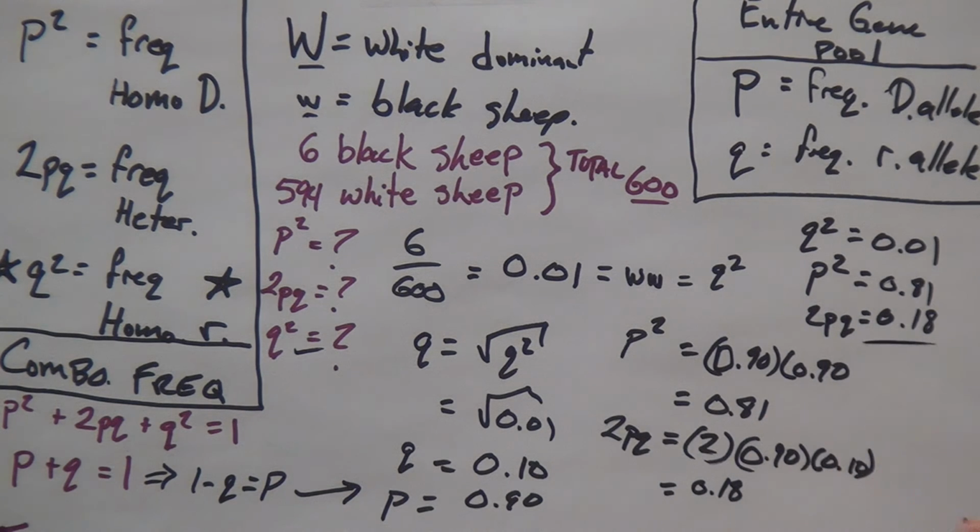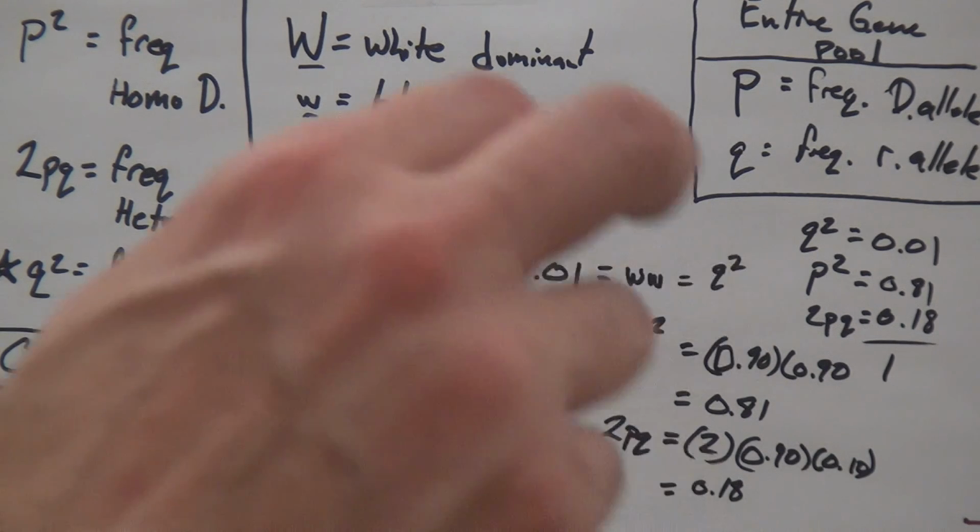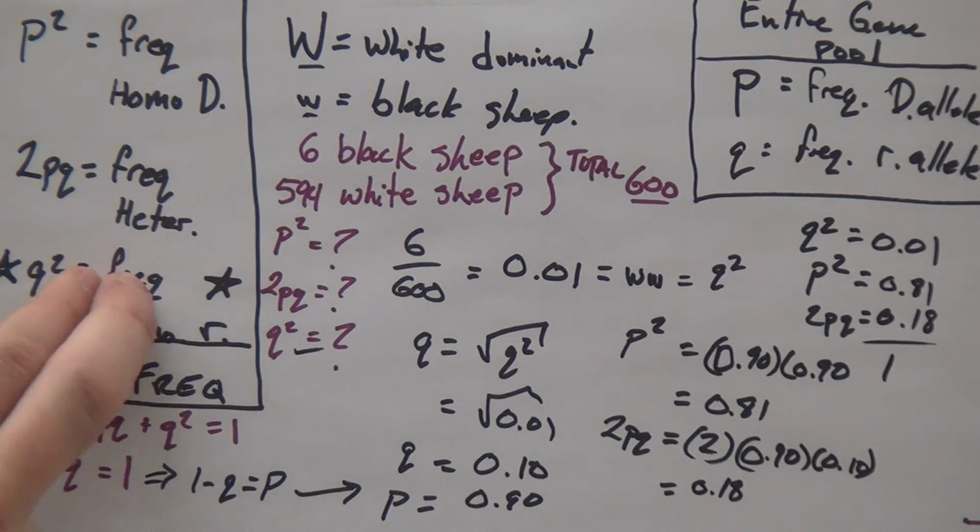If we add this all together, 18 plus 81 is 99, plus 1 is 100, so 1. Bingo. This is population genetics. Most questions can be answered if you get this first.